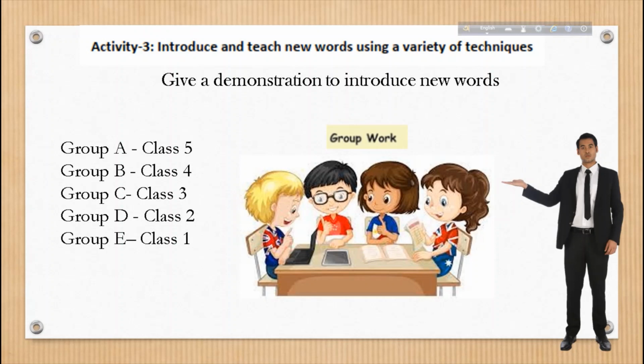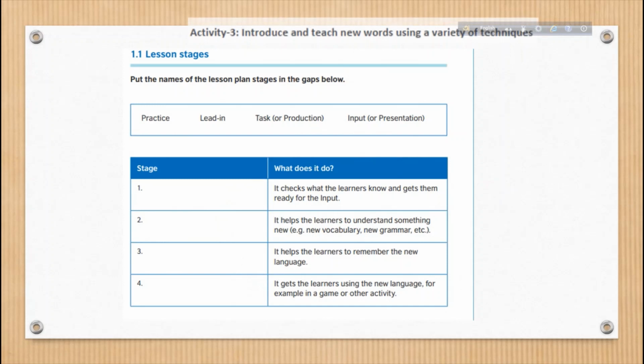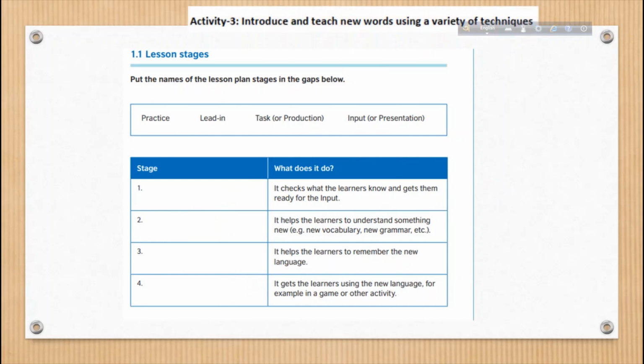We have to mention here the class, and the demo will mainly introduce new words, focus on new words. Here is a sheet of paper. This paper is taken from the TMT book.